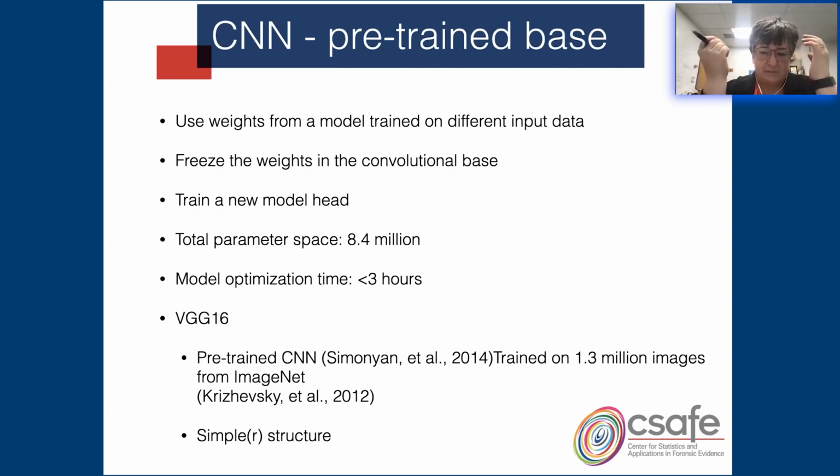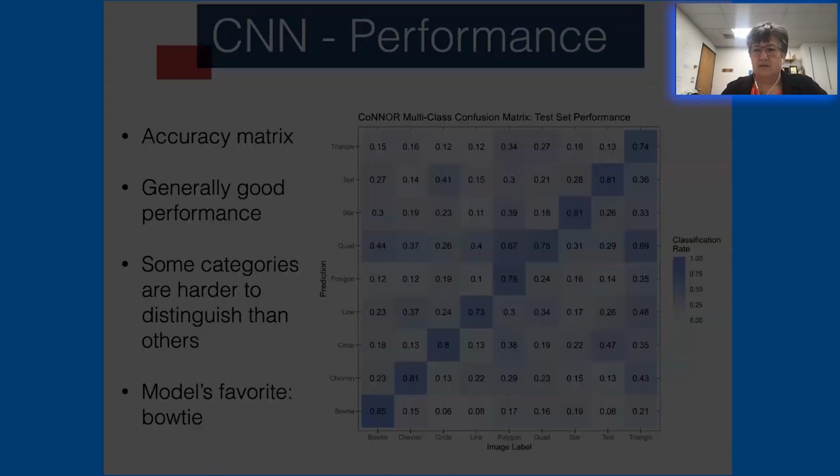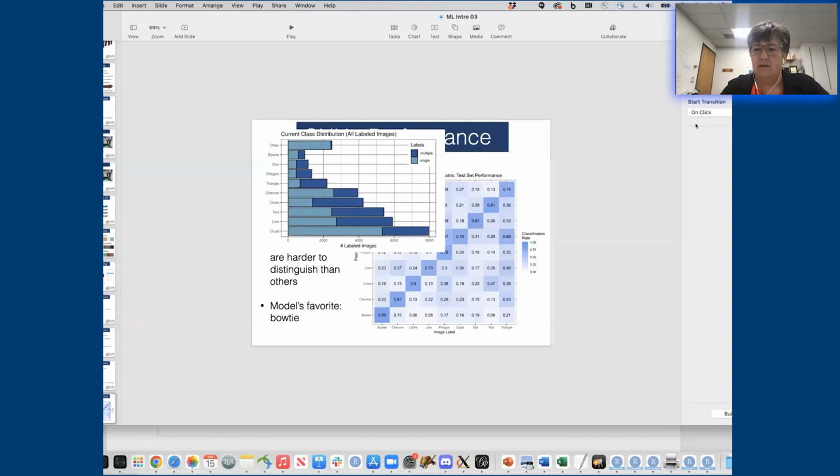So it's a much simpler structure. Having 28,000 images available to us is enough to fit those 8 million parameters because the structure is a lot simpler. So this is what the overall model looks like.